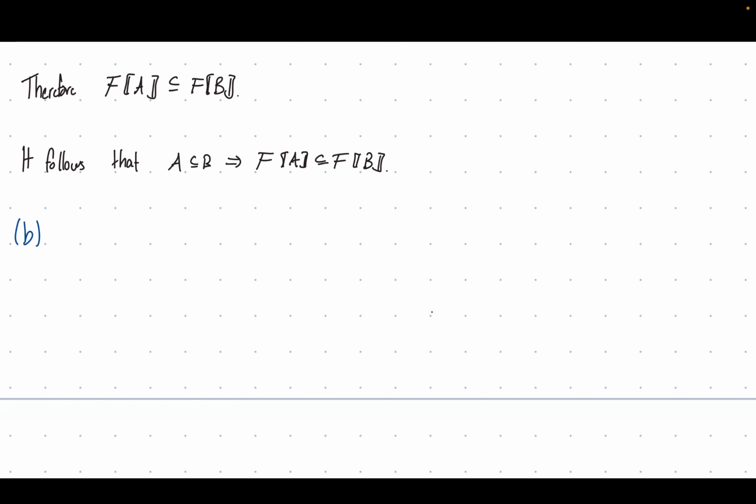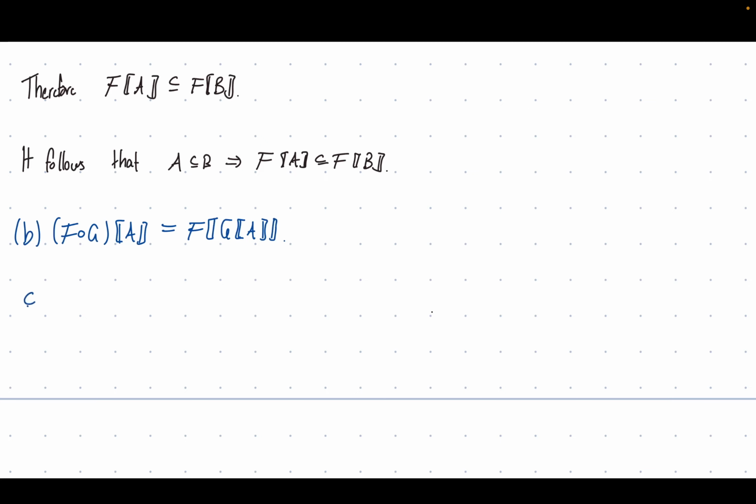B says this. The image of the composition of F and G under A must be a subset of the image of F under the image of G under A, right? Oh, no. It says these are actually equal.